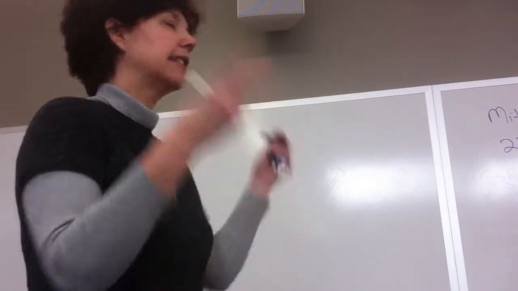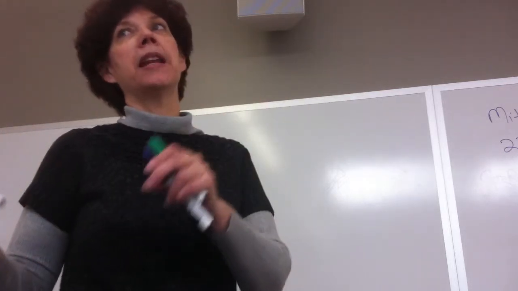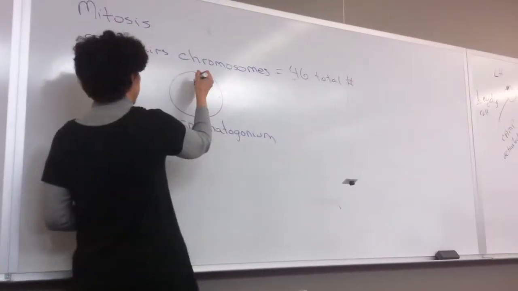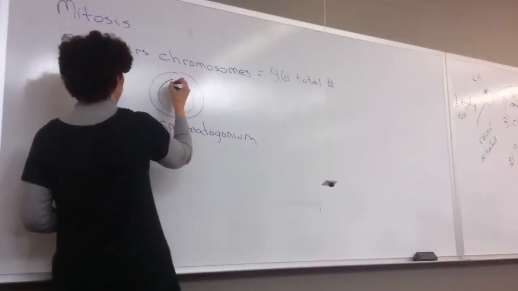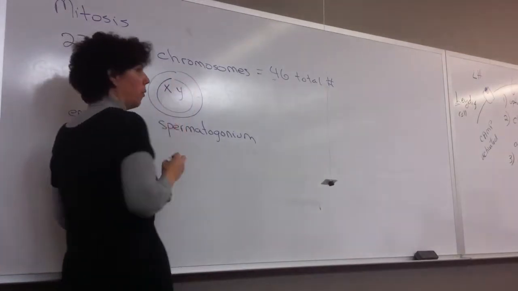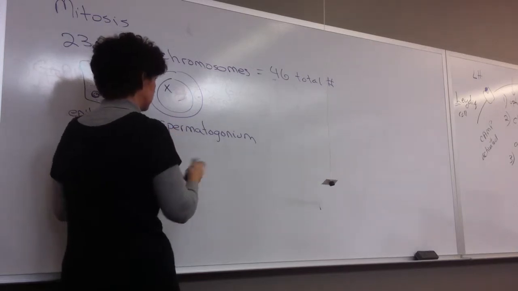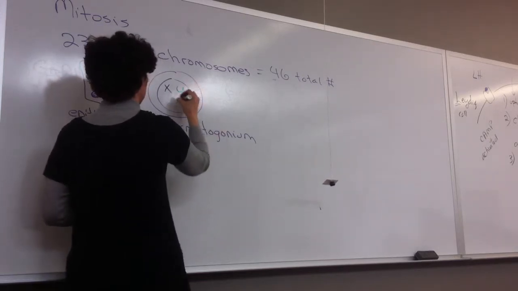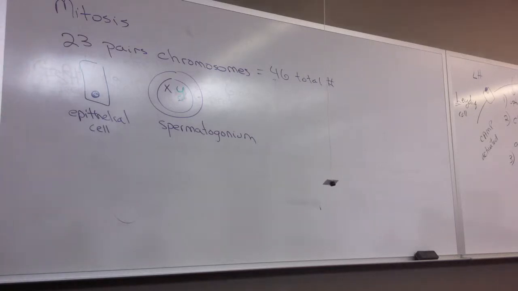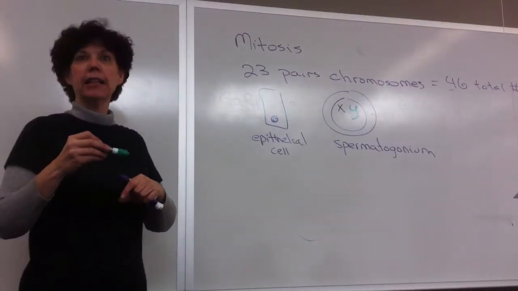All right. This is a little easier to do with the sperm than it is with the egg, because we can look at the sex chromosomes, and within the sex chromosomes we have the X chromosome and we have the Y chromosome. So in mitosis, if we're making multiple spermatogonia, the chromosomes replicate, right?